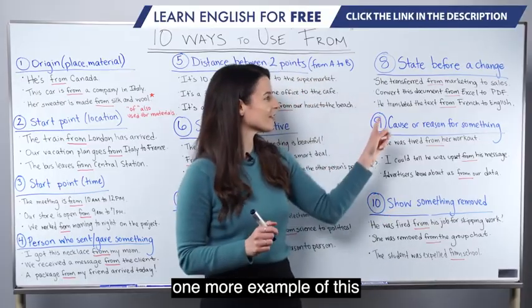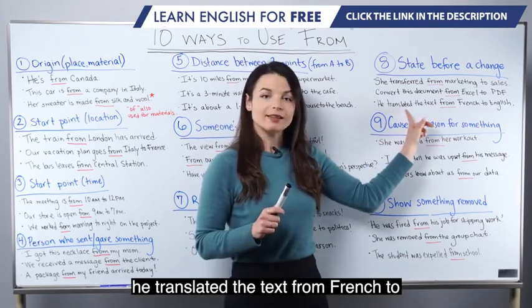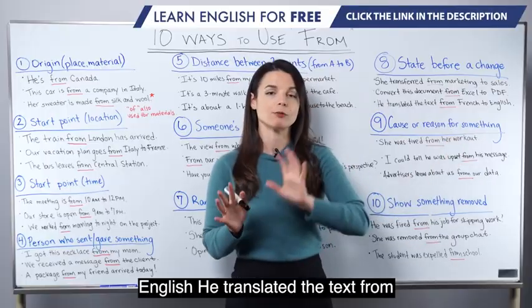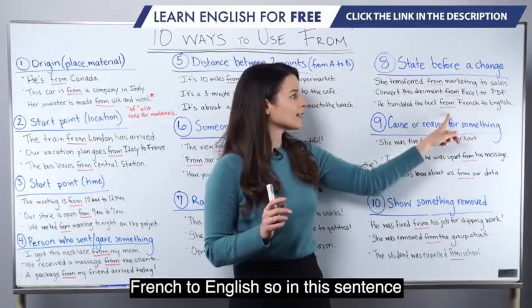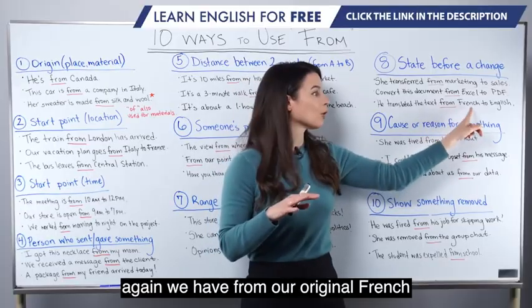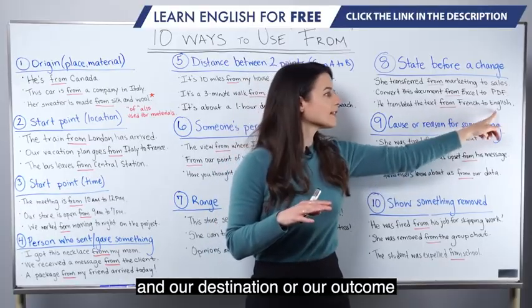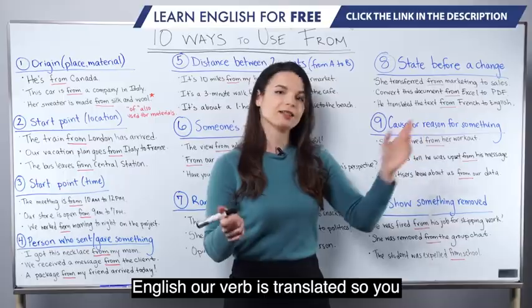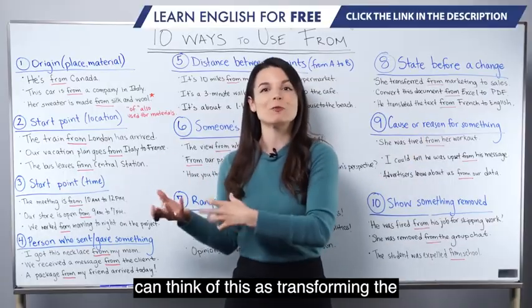Okay, one more example of this. He translated the text from French to English. So in this sentence, again, we have from our original, French, and our destination or outcome, English. Our verb is translated. So you can think of this as transforming the language.